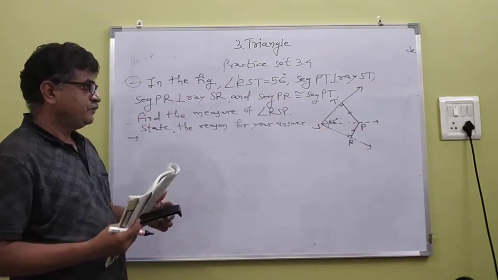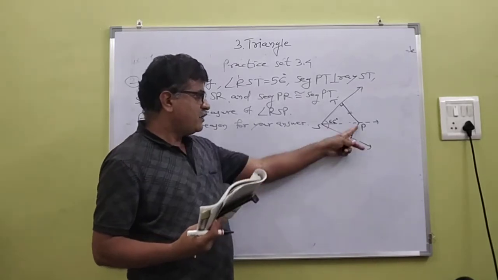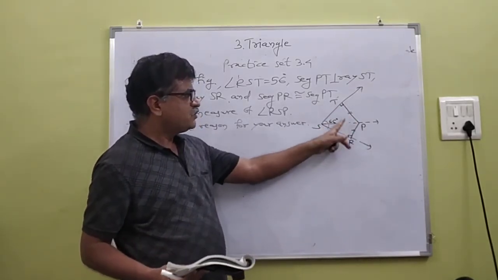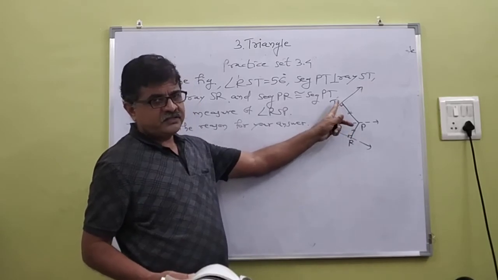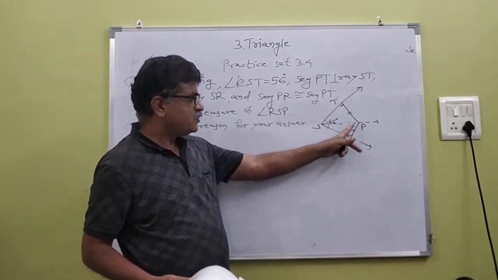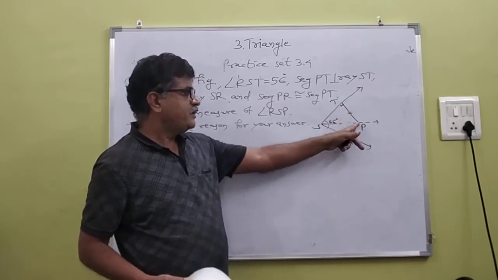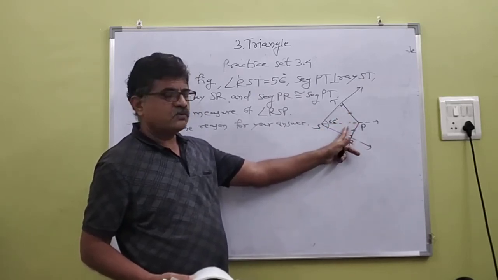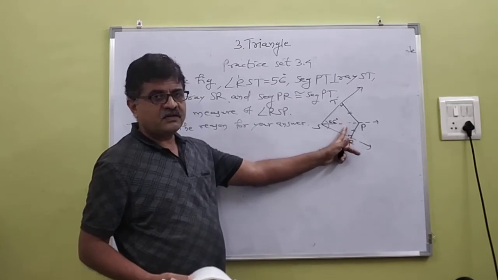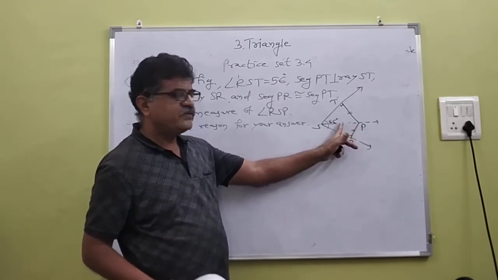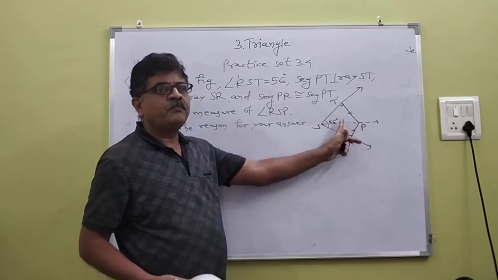Now here, in triangle PRS and triangle PTS, these two angles are congruent, each of 90 degrees. This is given, and this side is common. This is a right angle triangle, therefore this is the hypotenuse.